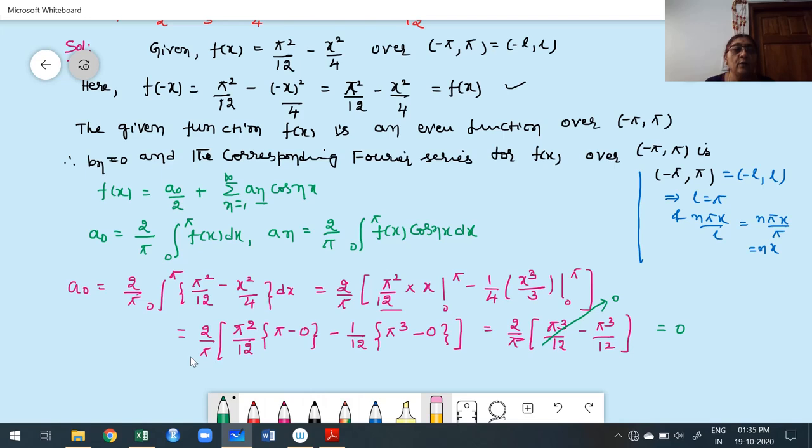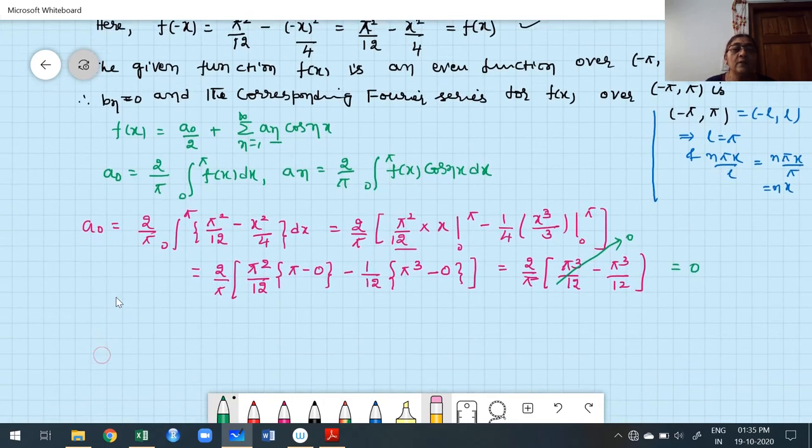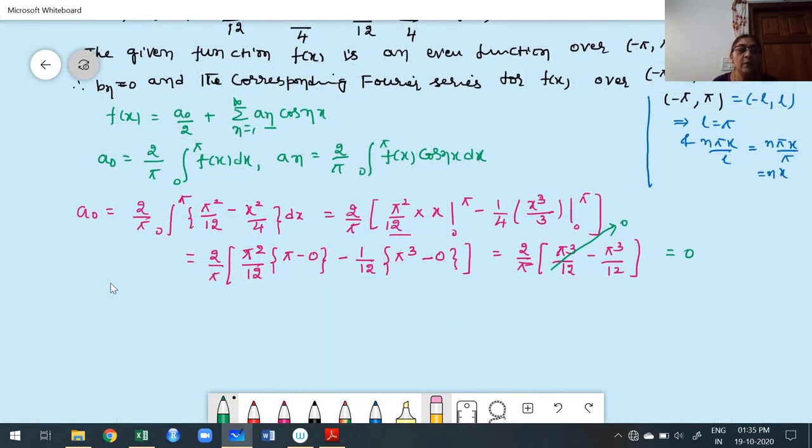Next, try to find out our a n using the function pi square by 12 minus x square by 4. Now a n equals 2 by pi, integral from 0 to pi of pi square by 12 minus x square by 4 into cos of nx with respect to x.